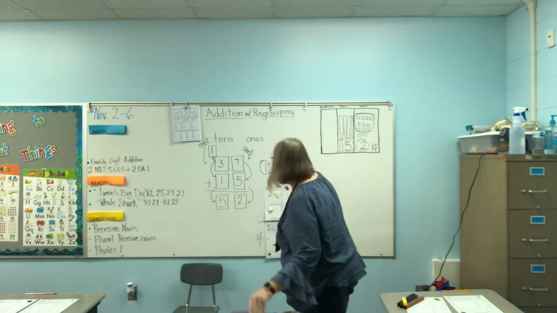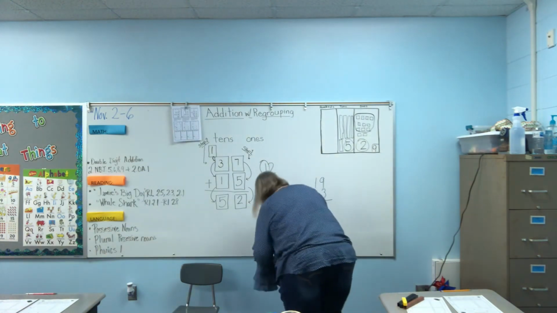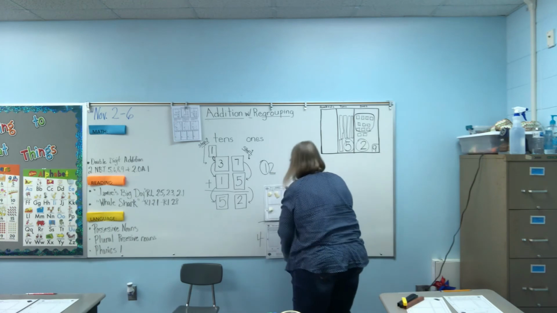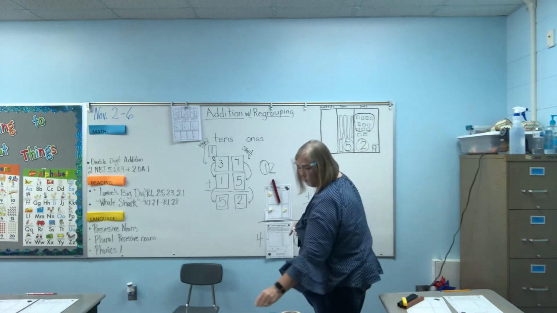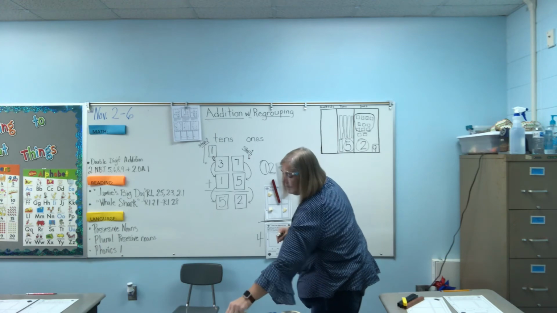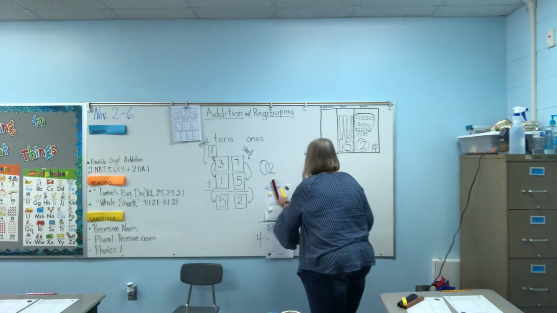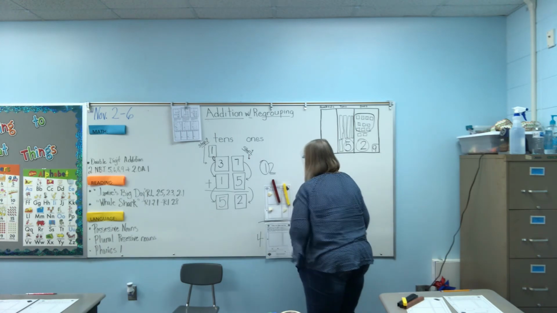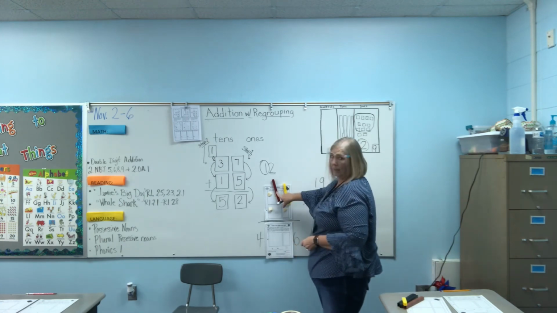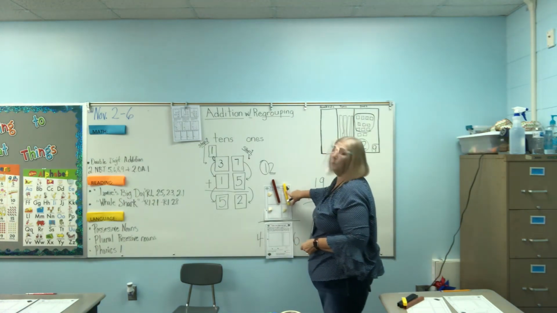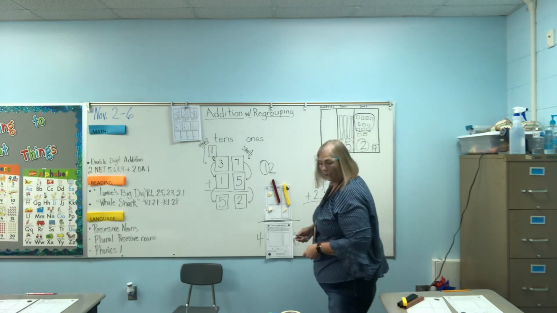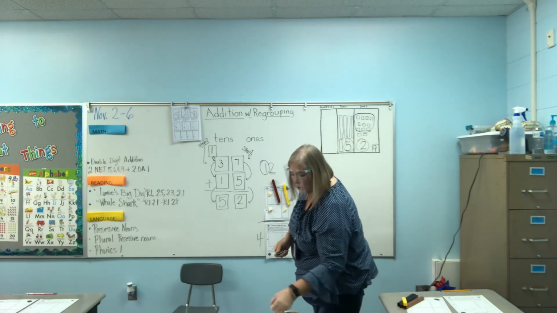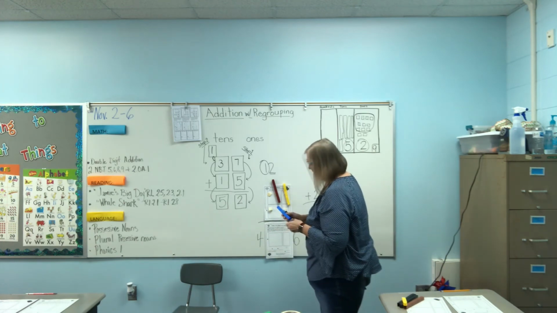We know for sure that we're going to have 1 set of 10 on this side, and we're going to have 9 over here. That's 1 set of 10 and 9, which is 19. Over here, we're going to have 2 sets of 10.